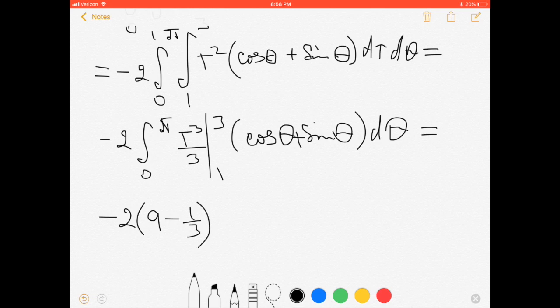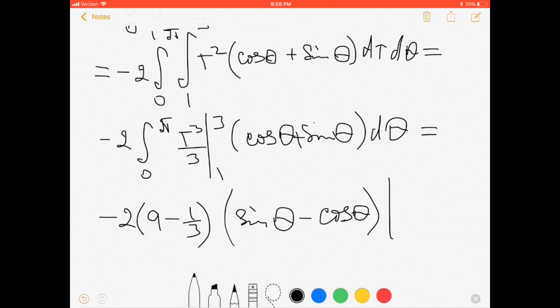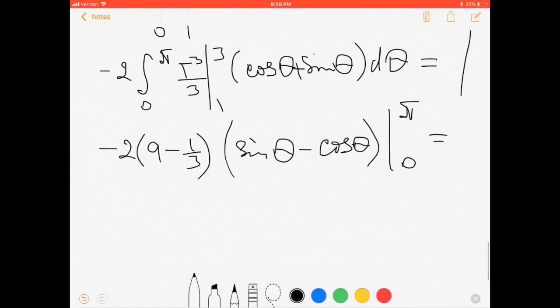Okay, great. Integral of cosine will be sine. Integral of sine will be negative cosine, from 0 to pi. Oops, I don't need this line, we need only checking.